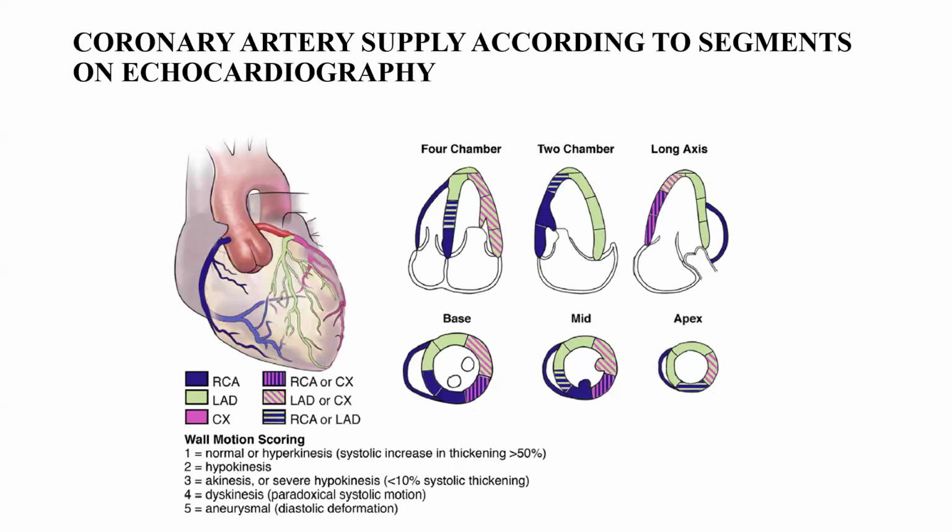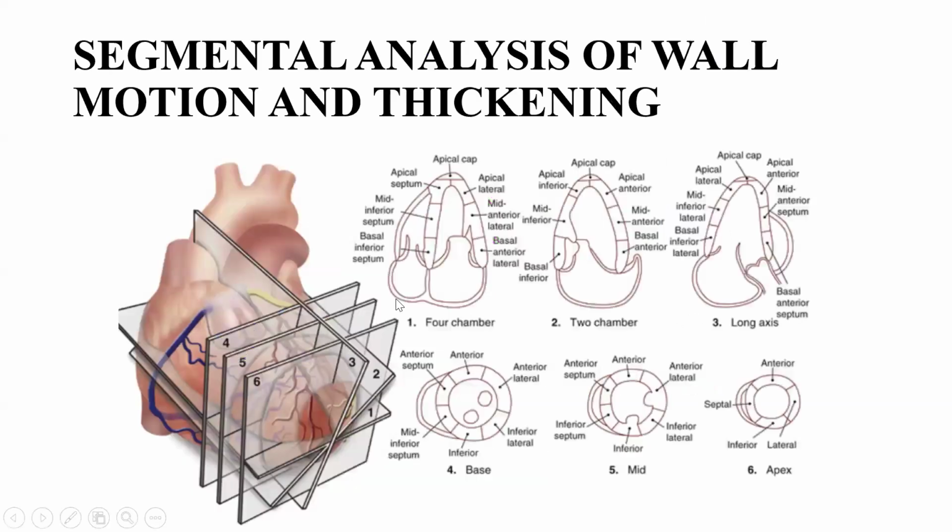Now, in assessing regional wall motion abnormalities, we need to recall, I think most of us will have seen this before, have this in our echo labs, guiding us on which territory is affected in the presence of regional wall motion abnormality.